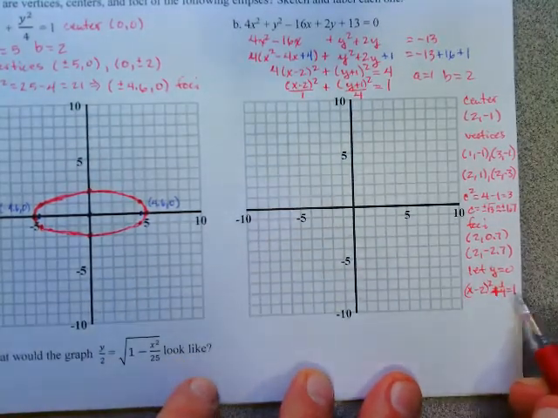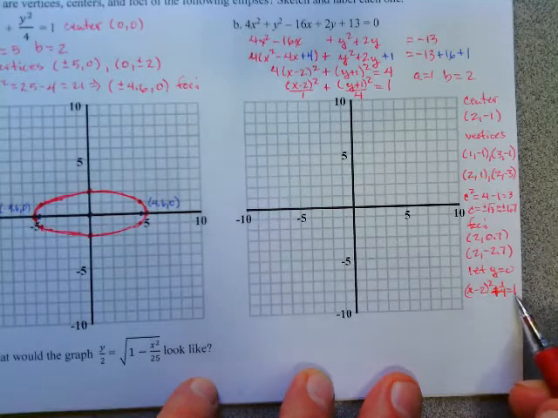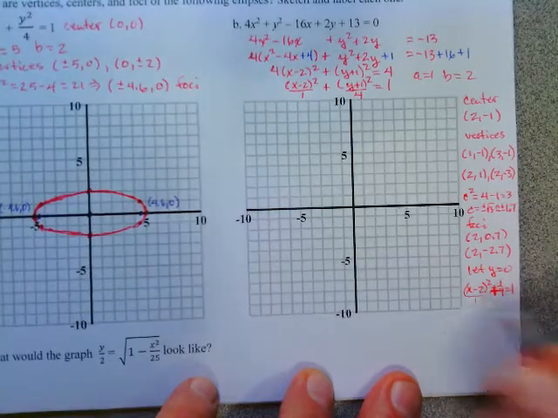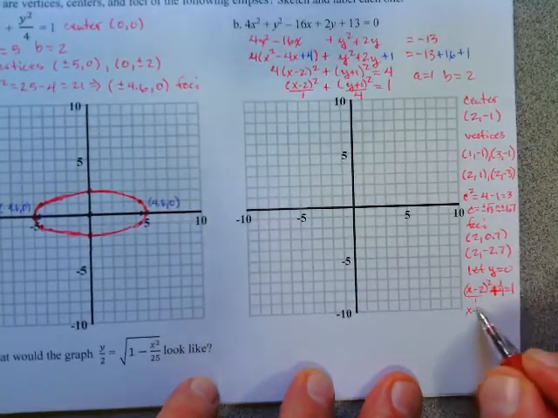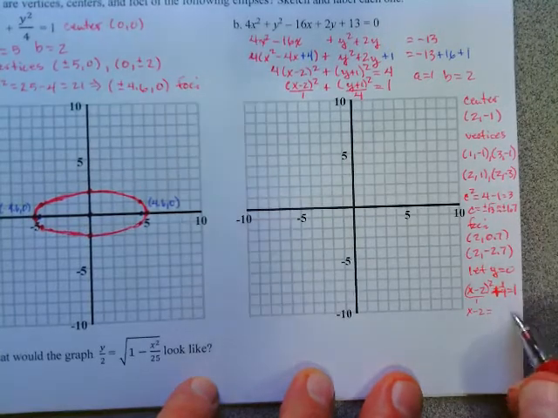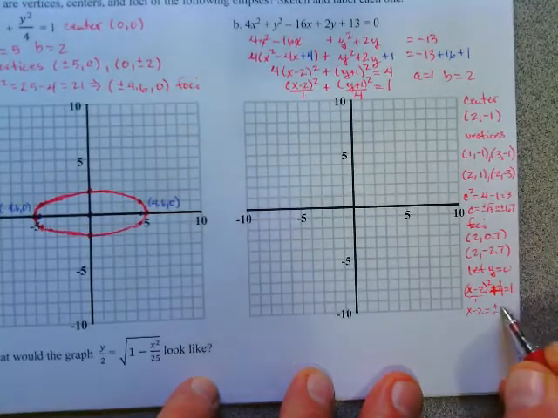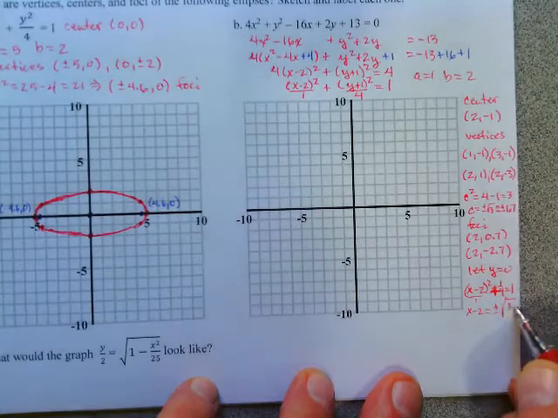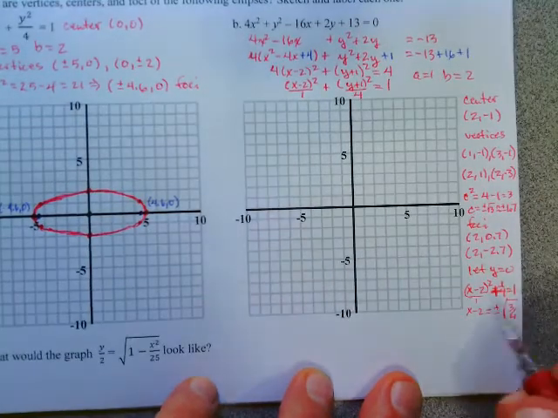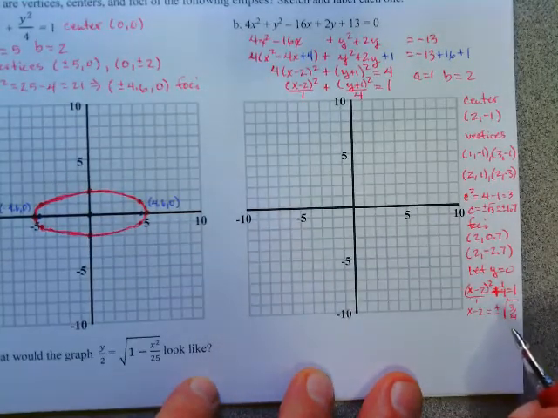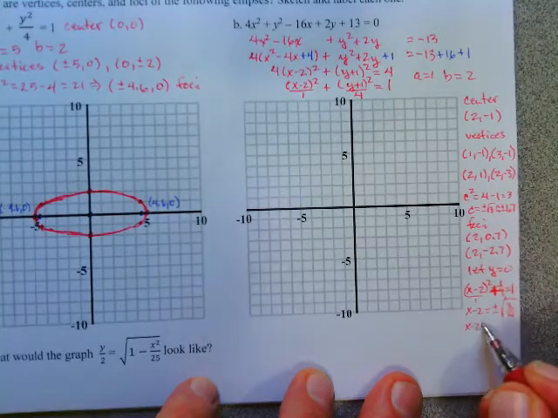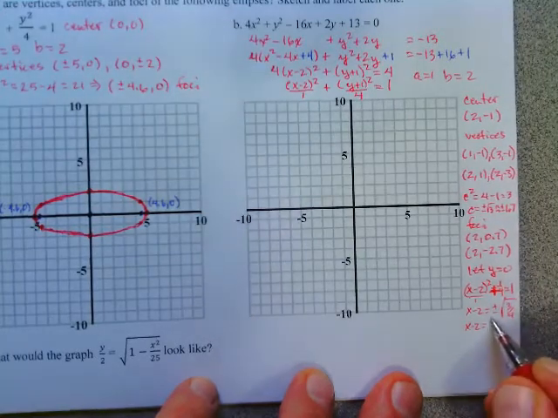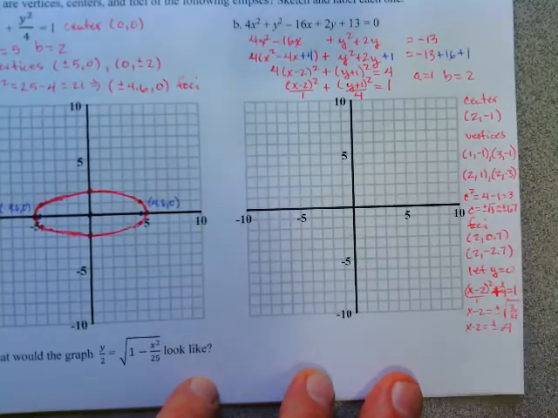And so I'm going to subtract 1/4, that'll give me 3/4, and again, because that was over 1. And so I'm going to have x minus 2 equals plus or minus the square root of 3/4, so x minus 2 equals about plus or minus 0.9.